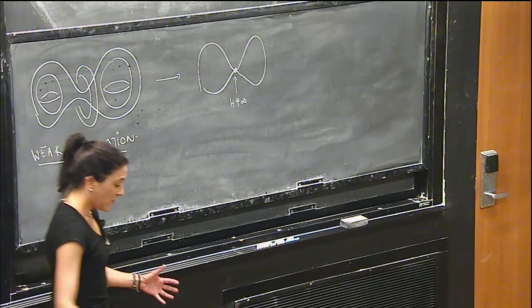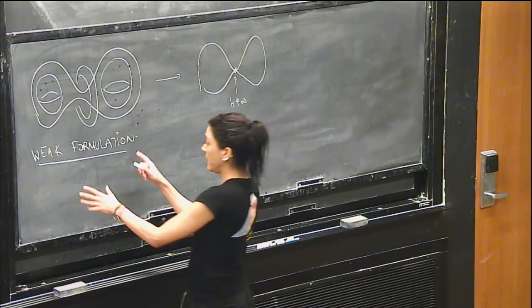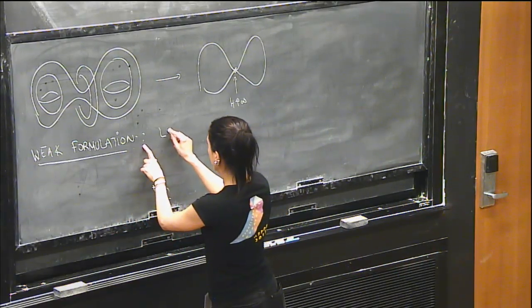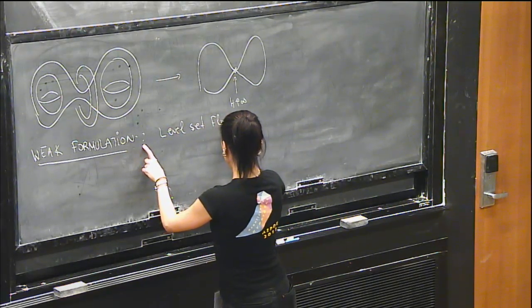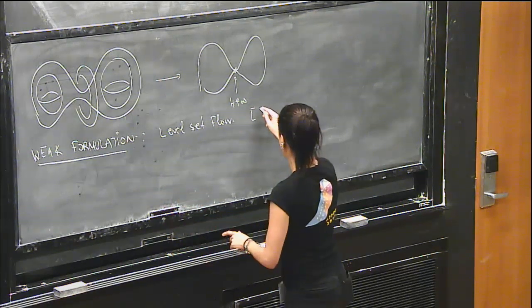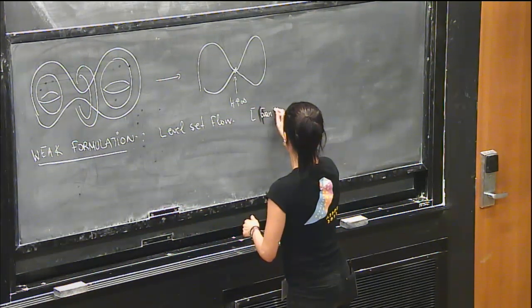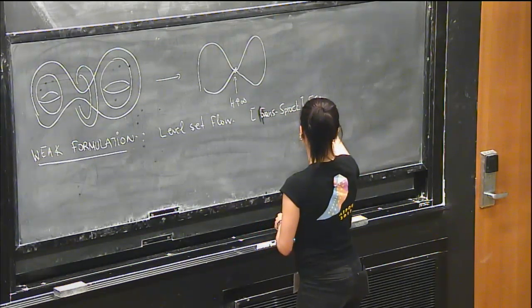Because your surface only moves in one way. This is very important in the first weak formulation I'm going to write here, which is the level set flow. Okay, this was done by Evans and Spruck, and by Chen, Giga and Goto.